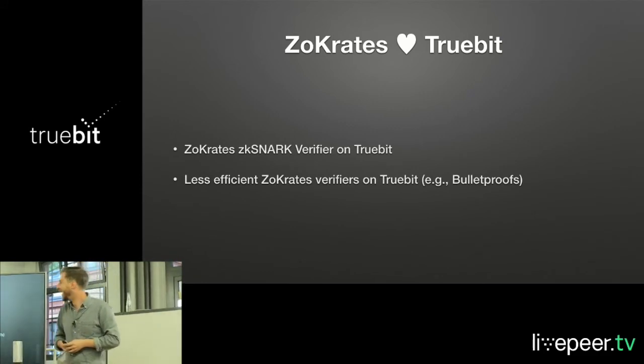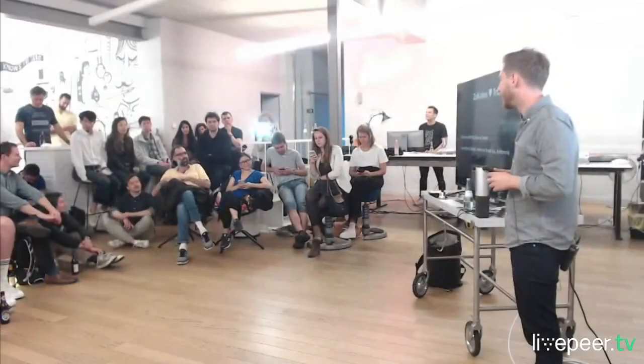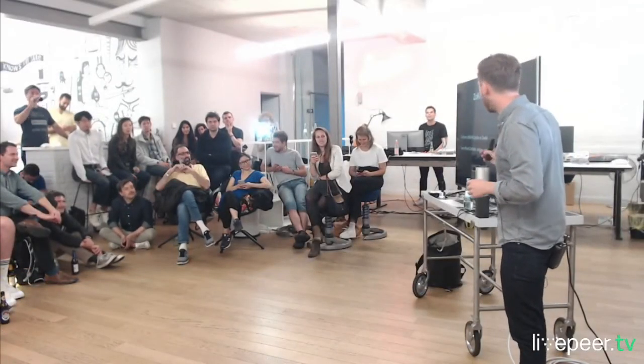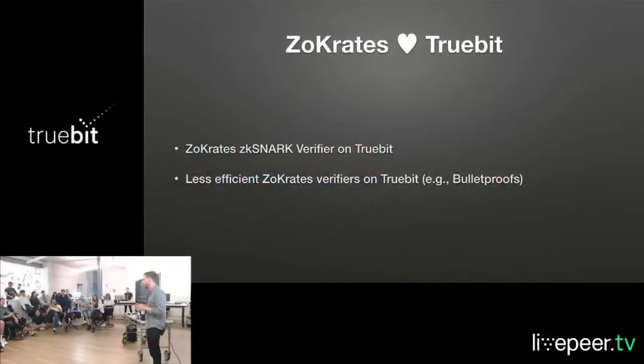Great. Okay, and also, is this a good time to vote for the gas on bulletproofs? Now with bulletproofs, the verification cost is no longer constant, so that's why on-chain verification is a bit more difficult. But they build on the same abstraction as the zkSNARKs. So we can also use the ZoKrates front end to compile down to constraints, and then use bulletproofs to generate another type of non-interactive proof on top of that.